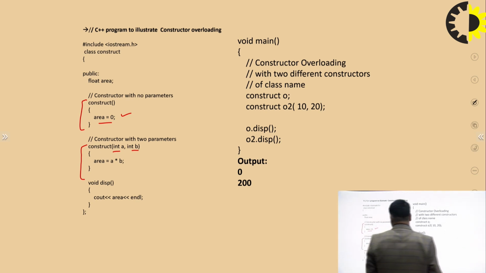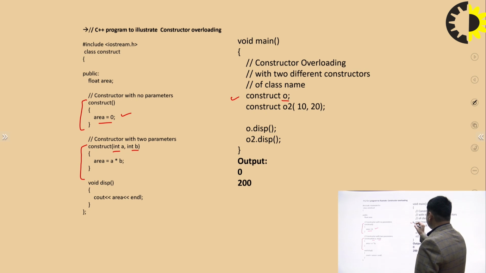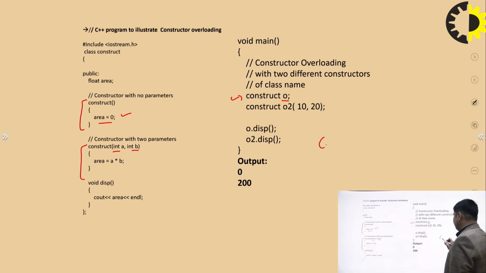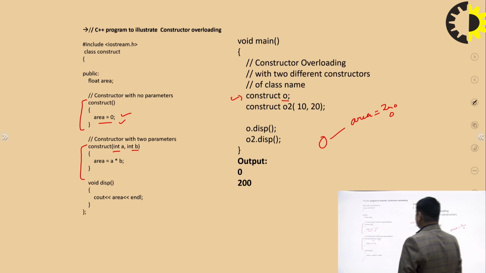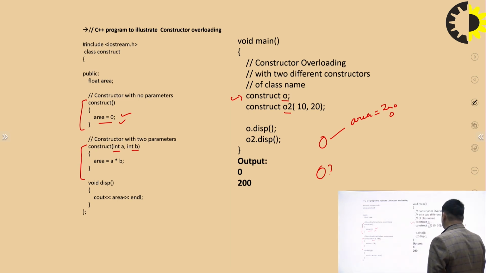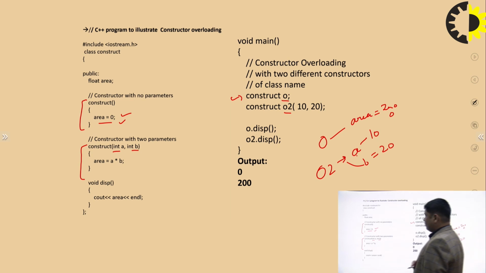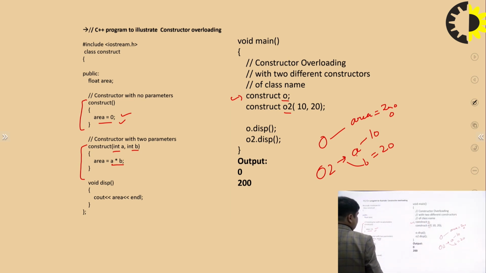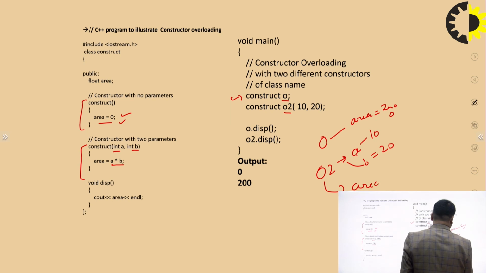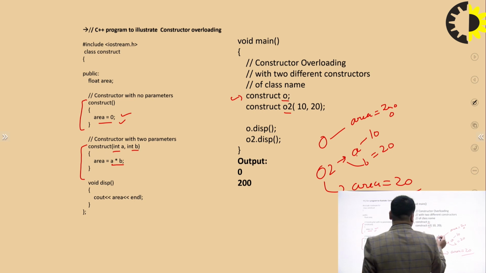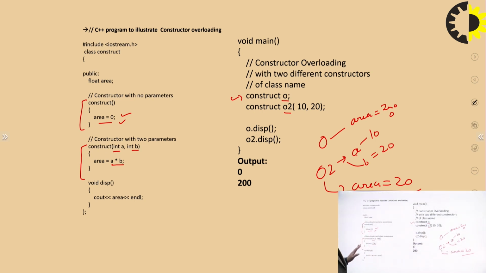Now, whenever object O is created, immediately the default constructor will be called, and in the reference of object O the area will be 0. When the next line is executed, in the reference of object O2 the value of A becomes 10 and the value of B becomes 20, and the area is calculated as 200 and stored.